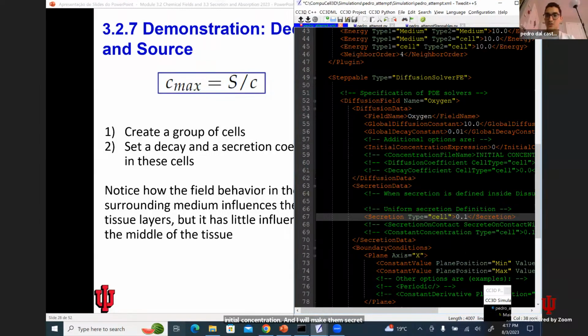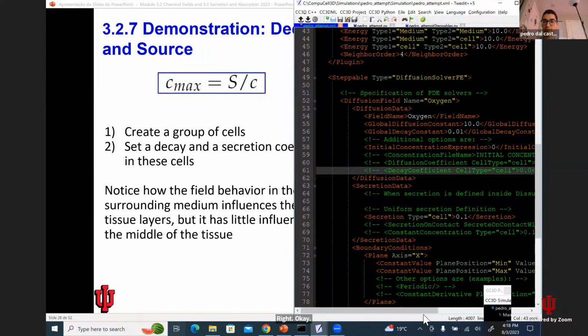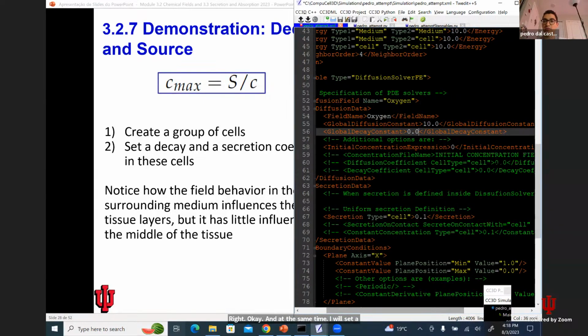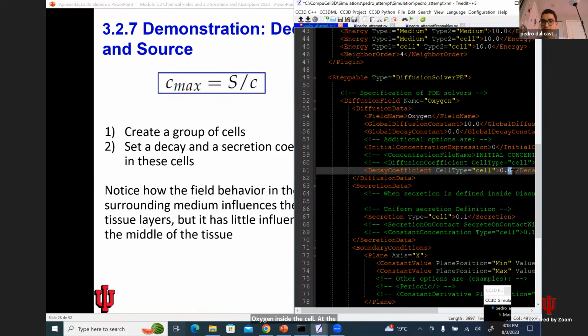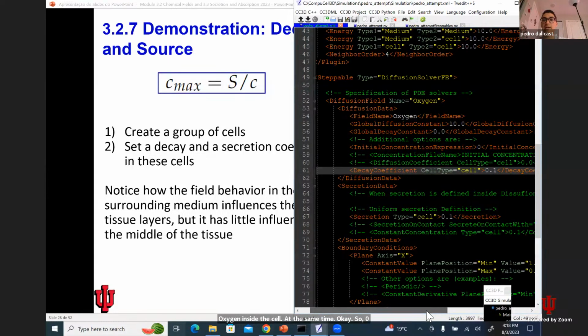This is very strange, but they are secreting oxygen at a 0.1 rate. And at the same time, I will set a decay for oxygen inside the cell, 0.1 decay inside the cell.